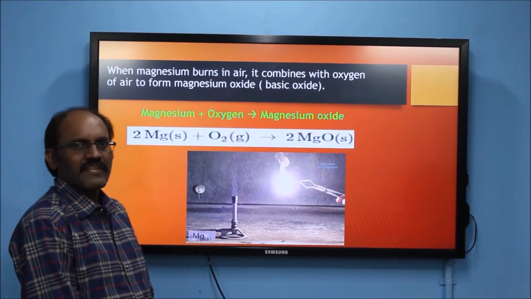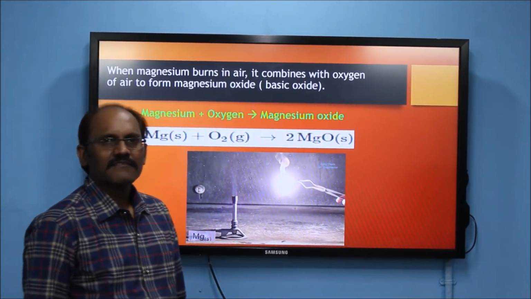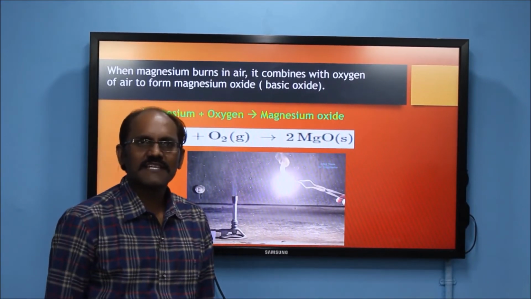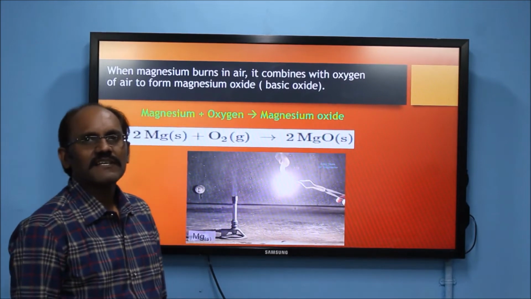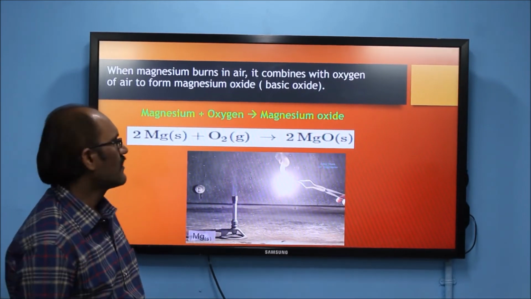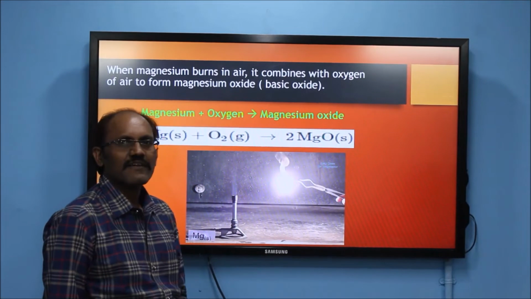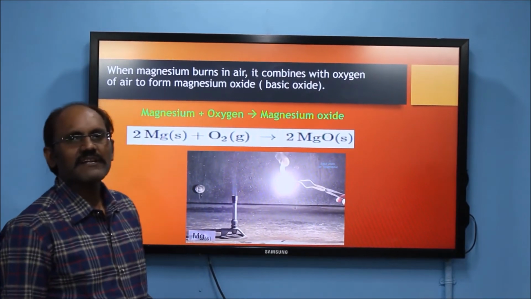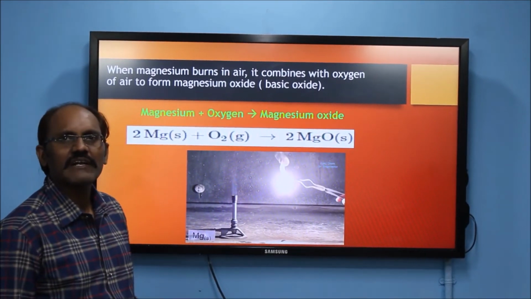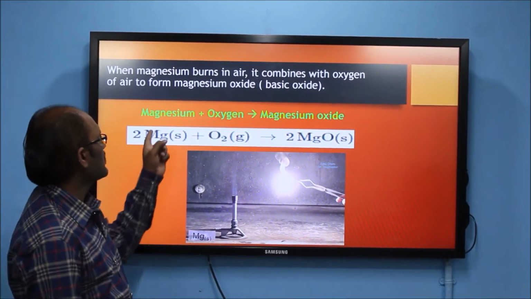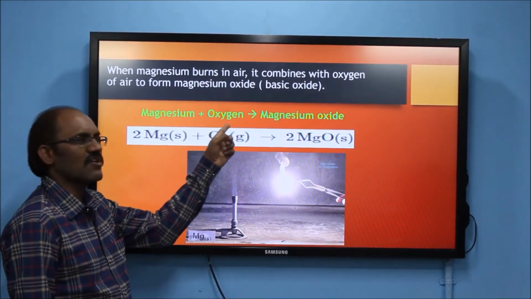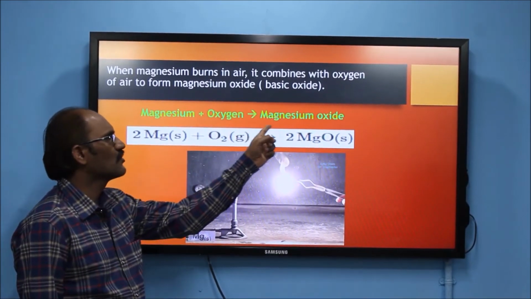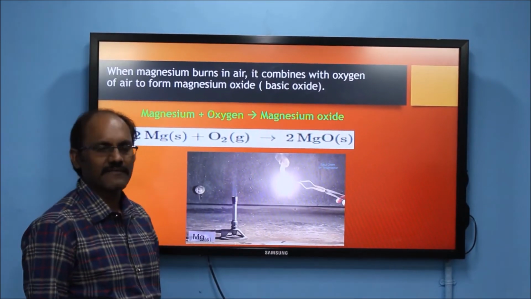Magnesium is a metal. When it burns in air, it reacts with oxygen gas and forms its metal oxide called magnesium oxide. We represent this chemical reaction in the form of a word equation like this: magnesium plus oxygen gives rise to magnesium oxide.